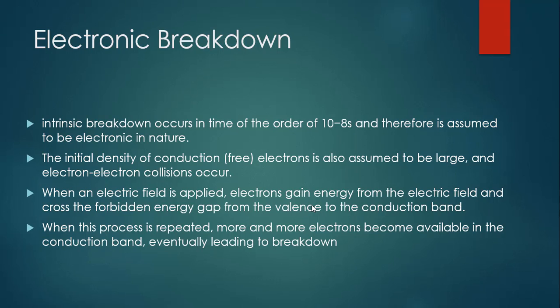When this process is repeated, more and more electrons become available in the conduction band and eventually lead to breakdown. Electrons were present in the valence band and they are trapped by the impurities. When an electric pulse is given, one by one these electrons move from the valence band to the conduction band. When there are more free electrons for conduction, it creates a breakdown.